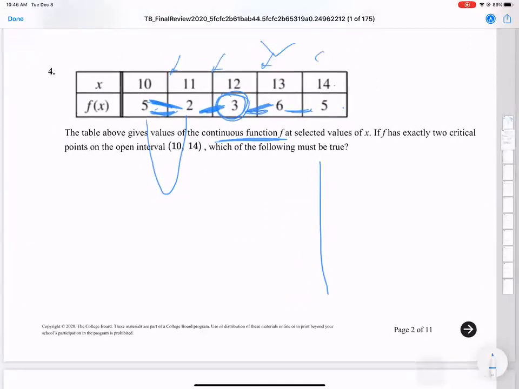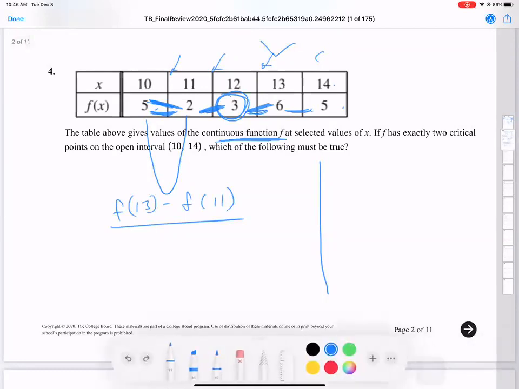Now, the way we do this is we say f of 13 minus f of 11 over 13 minus 11.